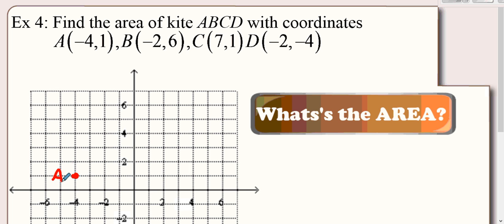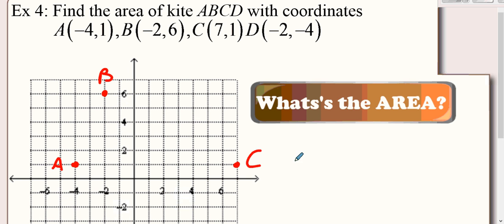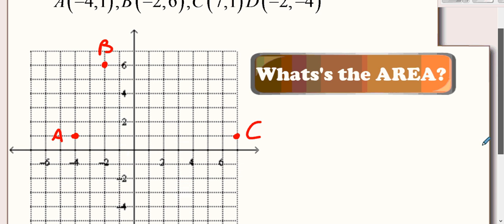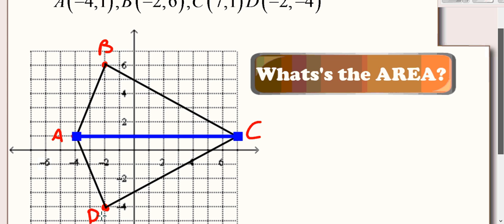Here's A and B, C, and D. So we've got our kite. We can find our diagonals. This is an easy one because you can count how long the lengths of the diagonals are.